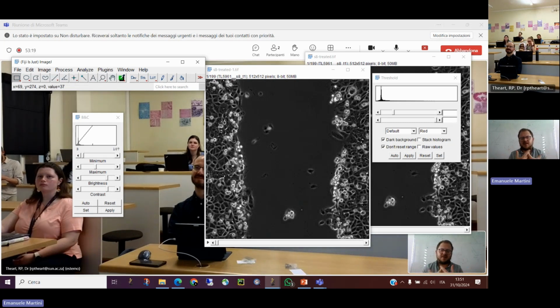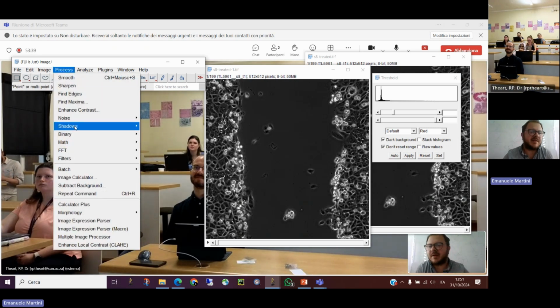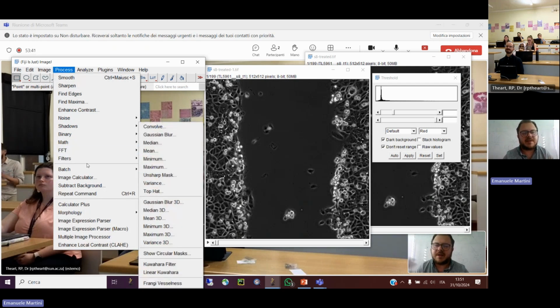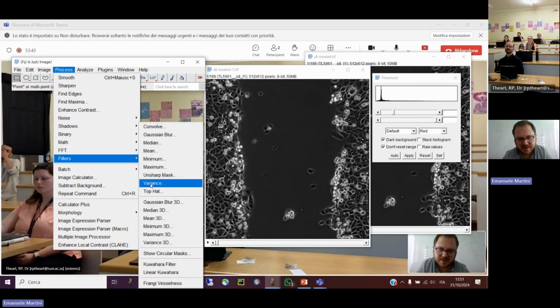So if you find a statistical mathematical parameter that explains the variation of an intensities distribution, you will have a really good highlighter of wound against cell layers. It can be standard deviation, but in Fiji, the one is called variance, that is of course the square, the power of 2, of the standard deviation.